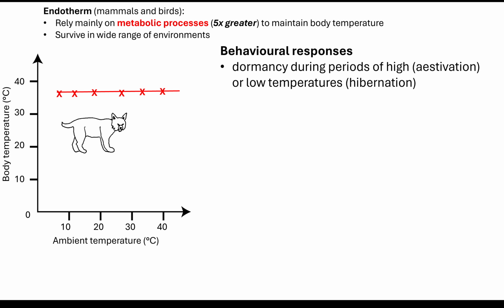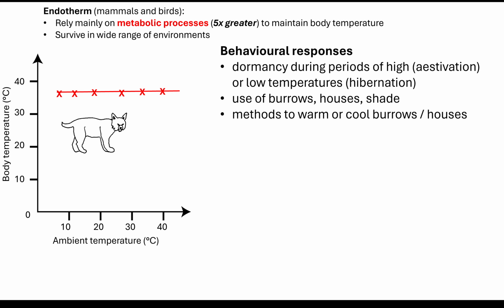Things like being dormant during periods of high temperature or low temperature, uses of burrows, houses and shades, methods to warm or cool those burrows or houses. So it could be that they are trying to ensure that these burrows and houses are warmer. So what are the methods of warming them up? Well, it's things like using materials that, if they're wanting to warm the interior, would insulate their burrows.